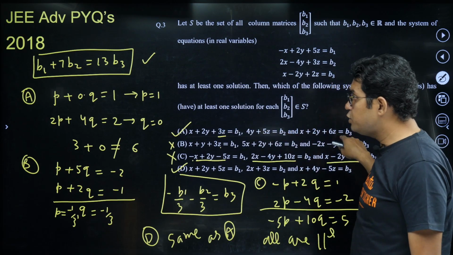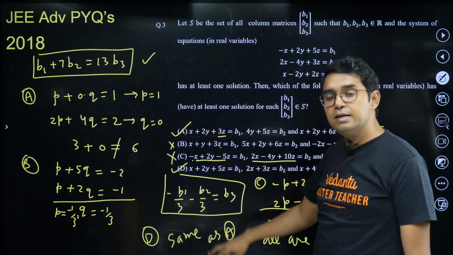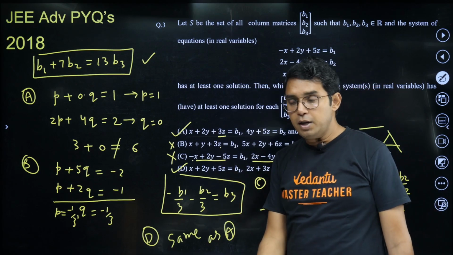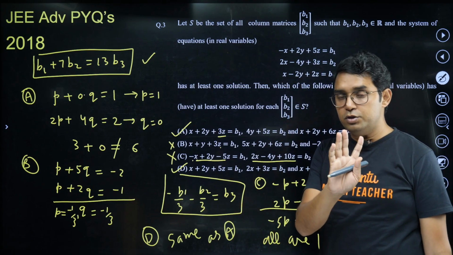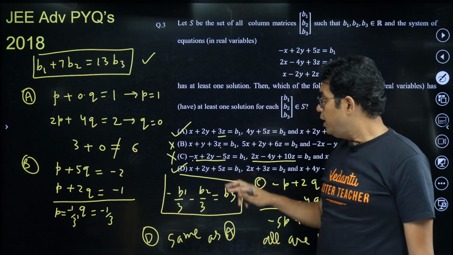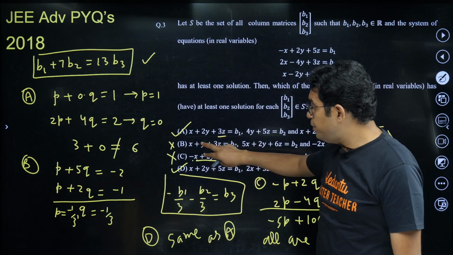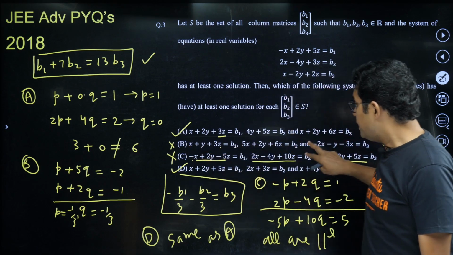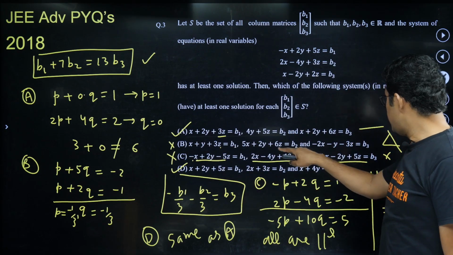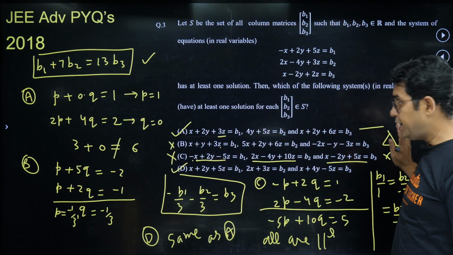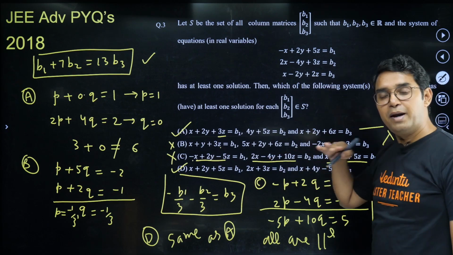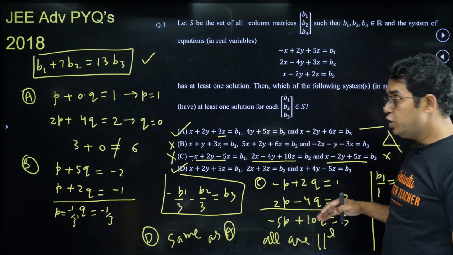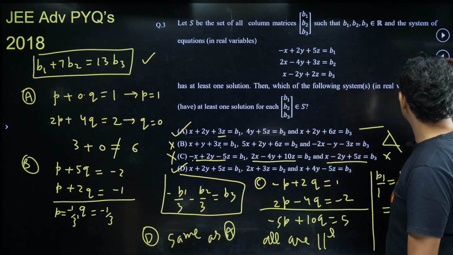We found the first and last correspond to a unique solution. I have not done that D not equal to 0 thing. You may do it; I have done it by my shortcut method. And B and C, by the shortcut method only, we concluded that they will not give you a solution. I think this one is giving the prism case, and this is giving three parallel planes. So no solution in these two cases.